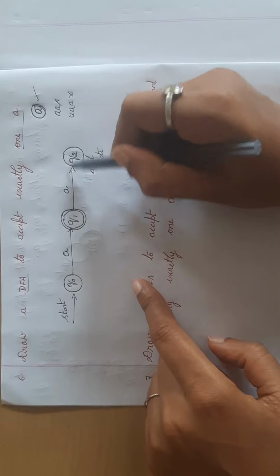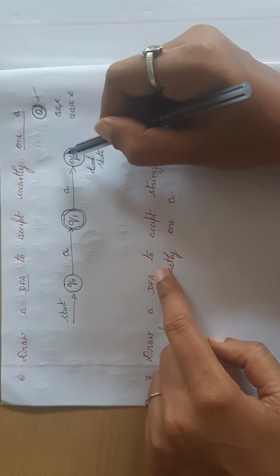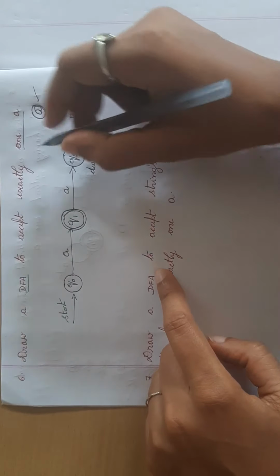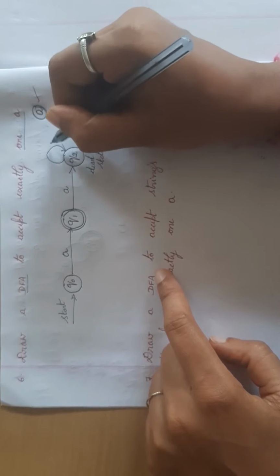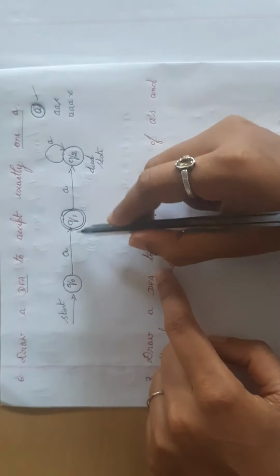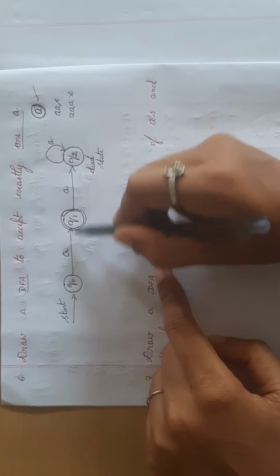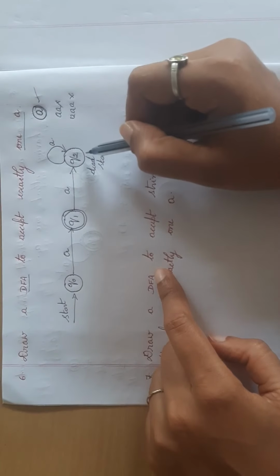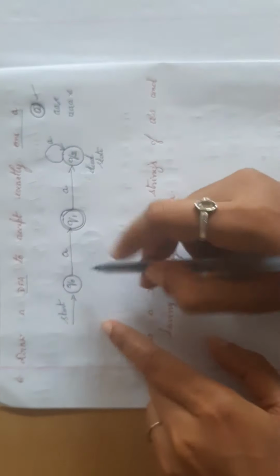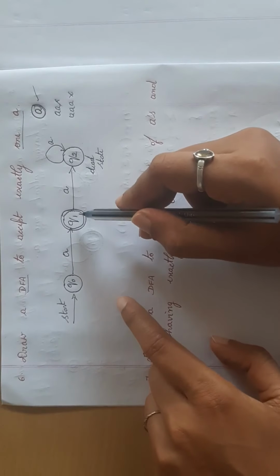So this particular value will be ignored. So from Q2, since it is a state, I need one more A. So I will just loop this A. So no matter how many A's come after this single A, everything will go to dead state and this will be ignored. Okay, so this is a DFA to accept exactly 1A.